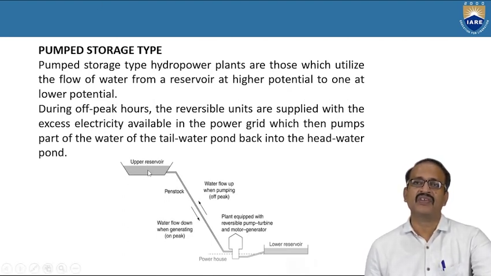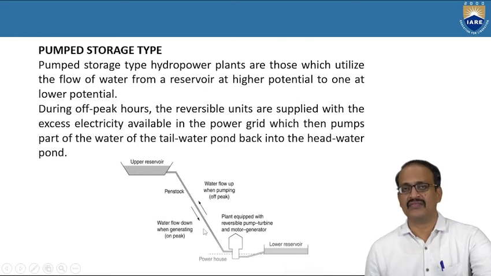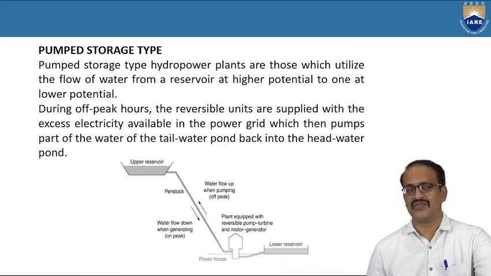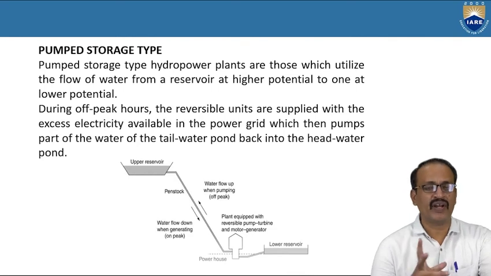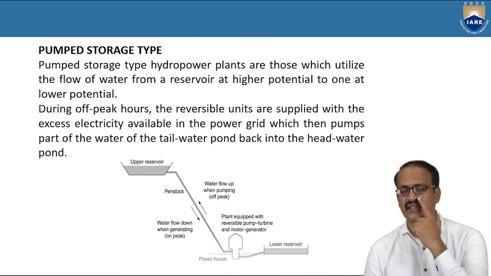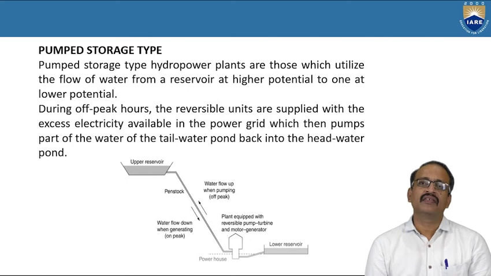We will have an upper reservoir and a lower reservoir. The geographical conditions have to be favorable for this type. So this is very, very rare. This and cascade types are very, very rare.